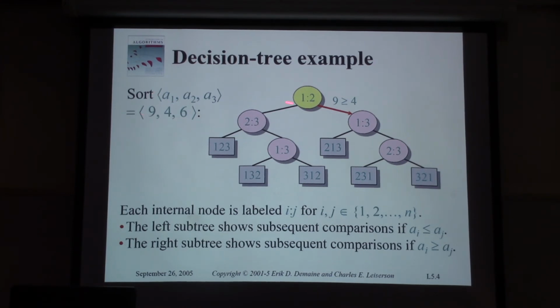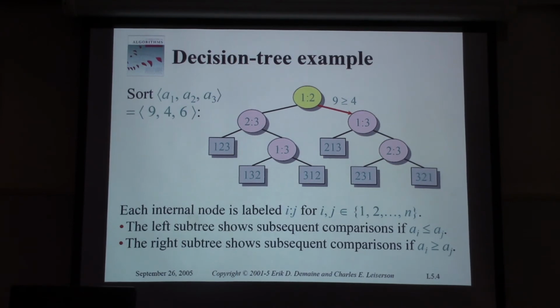That means 9 is bigger than 4, so 4 is the smaller. Now we compare A1 and A3, 9 and 6. If we decide in this direction, that means 6 is bigger, so the sequence is going to be 3, 2, 1. Otherwise, the sequence is going to be 2, 3, 1.